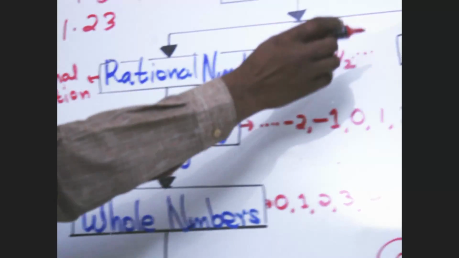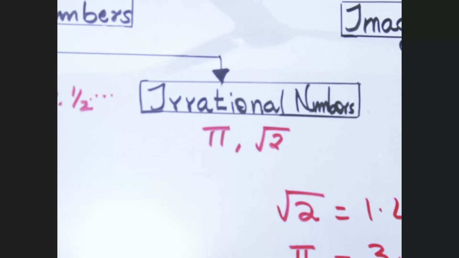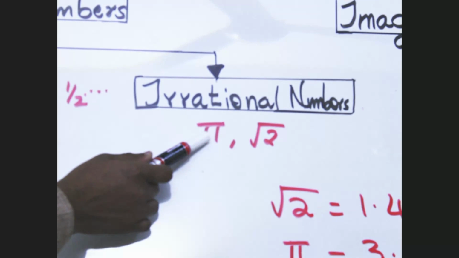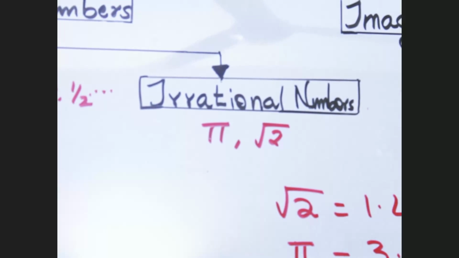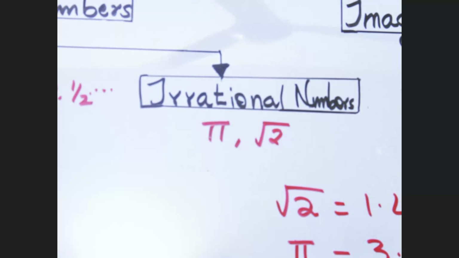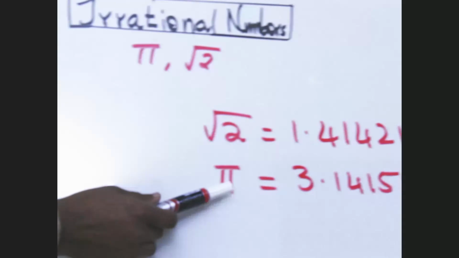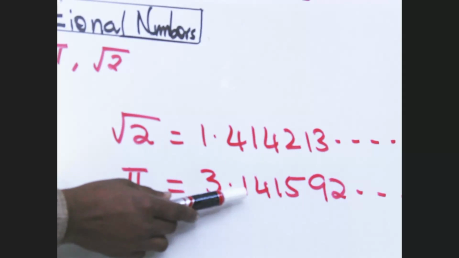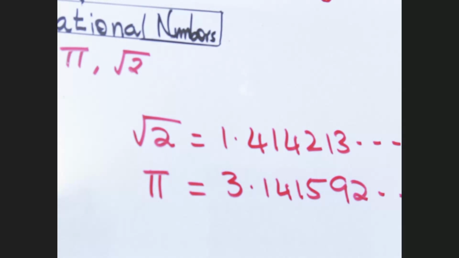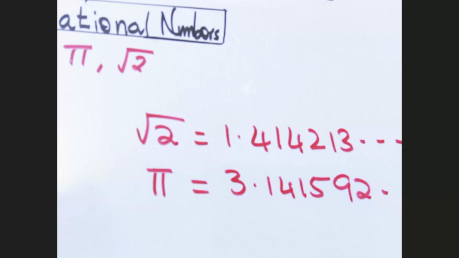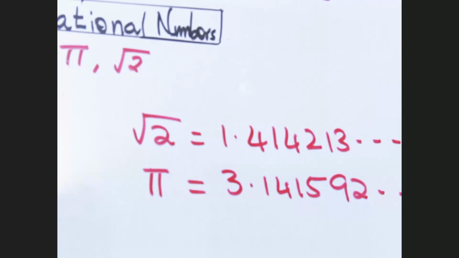So another set is there, the irrational number category. The best examples are pi and root 2. Why are pi and root 2 included in this group? Actually, the value of pi, we know that pi is equal to 3.141592, etc., which means this number is not repeating, and it is not stopping either.